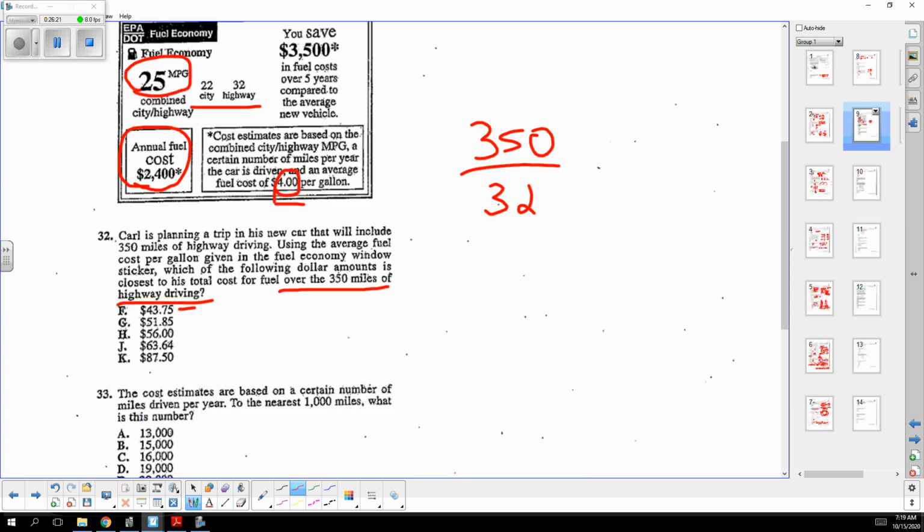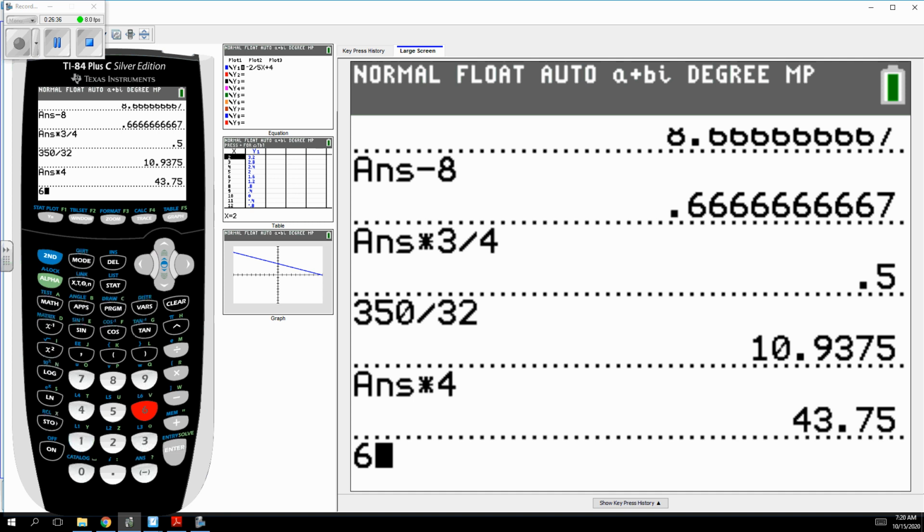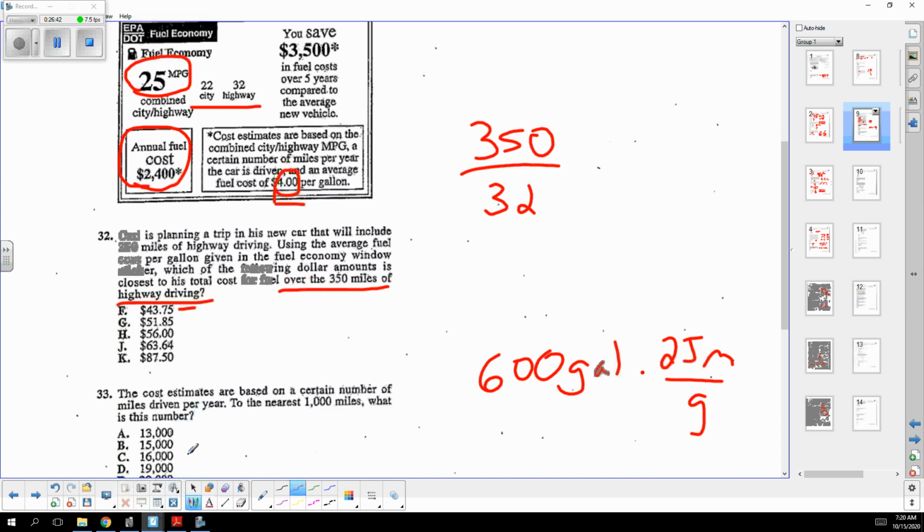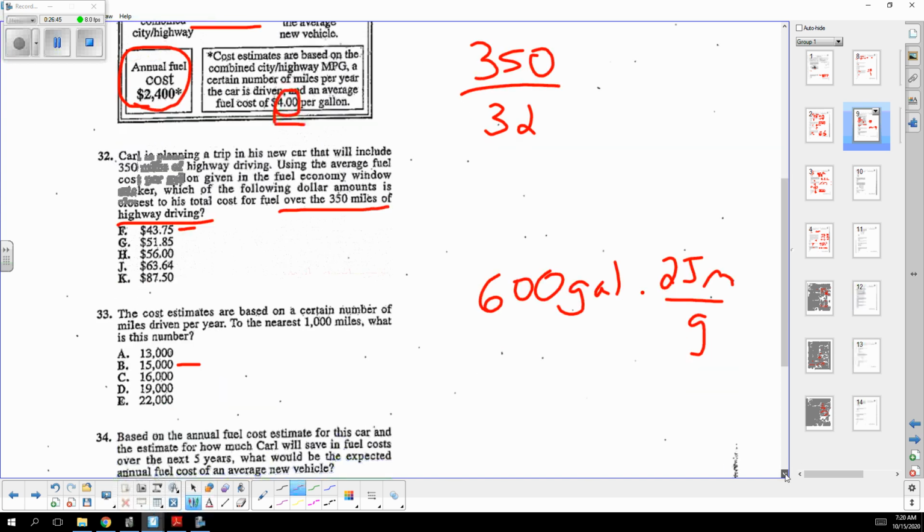So you must be buying 600 gallons of gas at 25 miles to the gallon. So the best attack is 600 times 25. A lot of people miss these. They're a little weird. The words are all over the place and there's too much information.